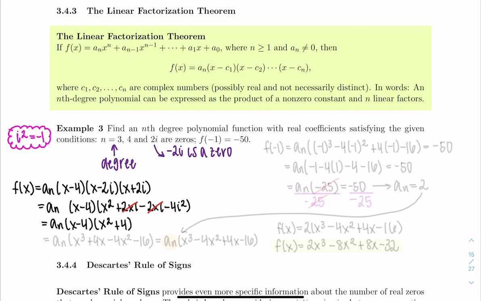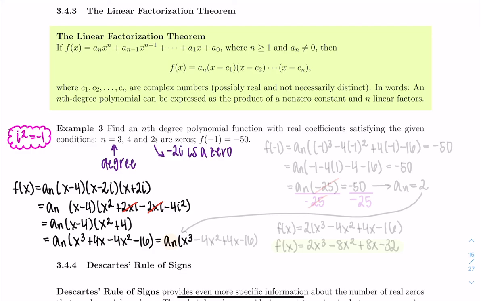Let's go ahead and multiply these two sets of parentheses. This gives me x cubed plus 4x minus 4x squared minus 16. And I'm just going to rewrite this so it's in descending order.